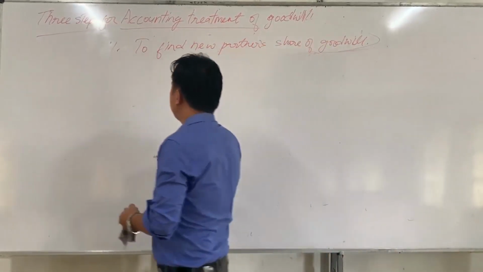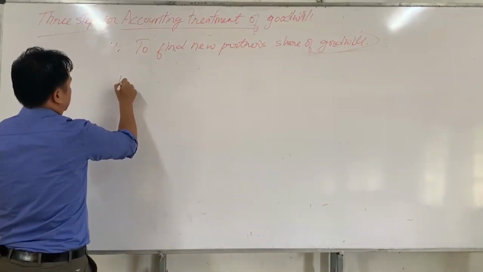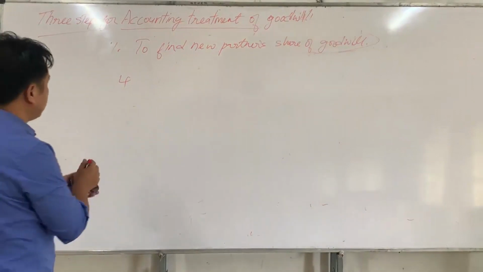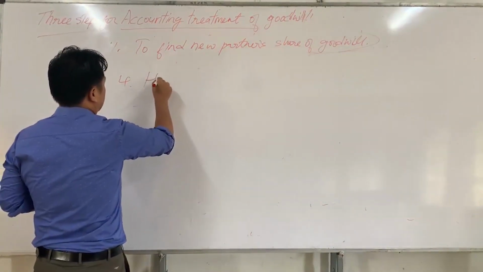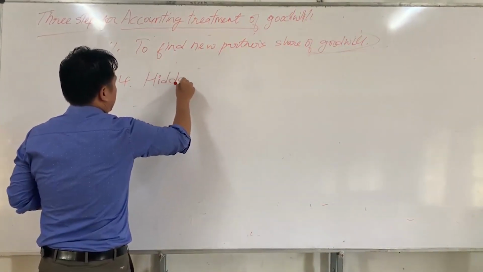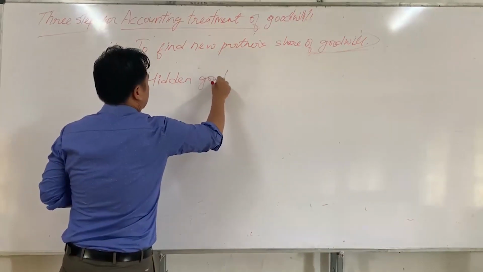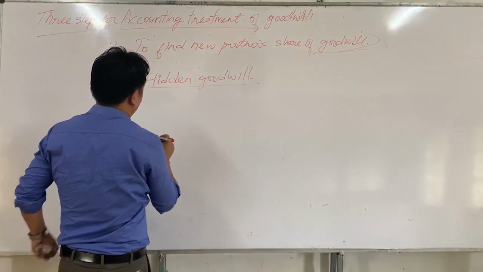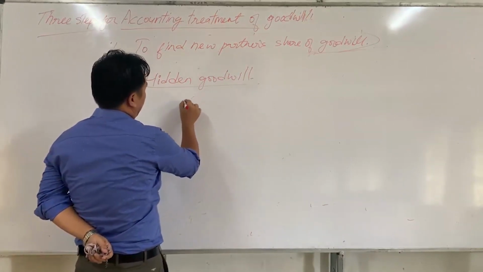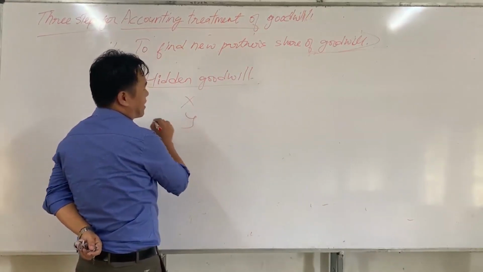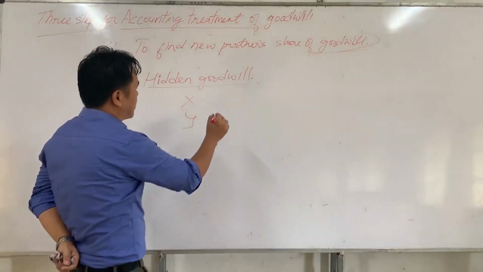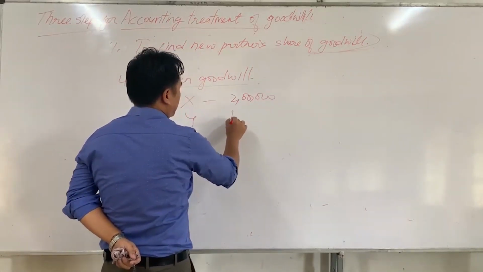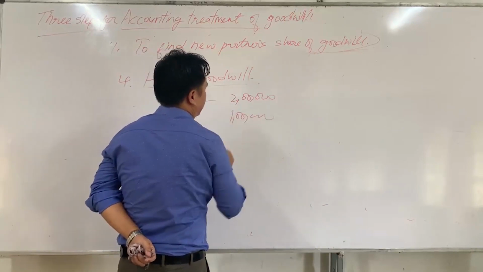Okay, now the fourth and final situation is hidden goodwill. Suppose say X and Y are partners with the capital of rupees 2 lakh and 1 lakh respectively.